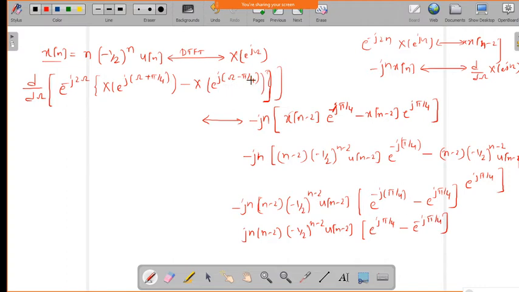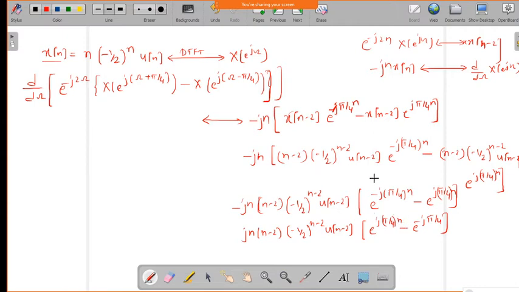Here the n is missing in the earlier expression, sorry, here it is there, so we can write it down here: pi by 4 n, because of the frequency shift property, n will come. Sorry for that, the correction is n.